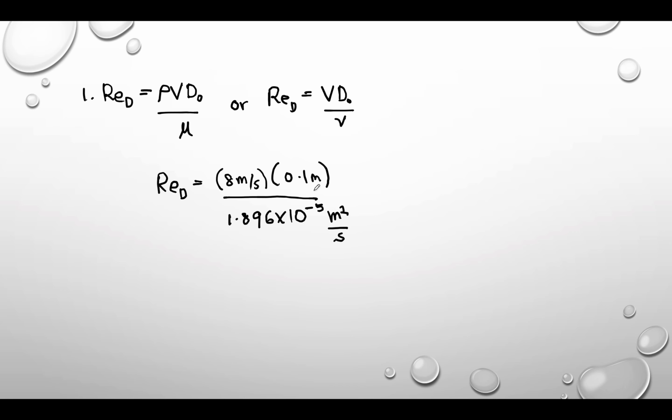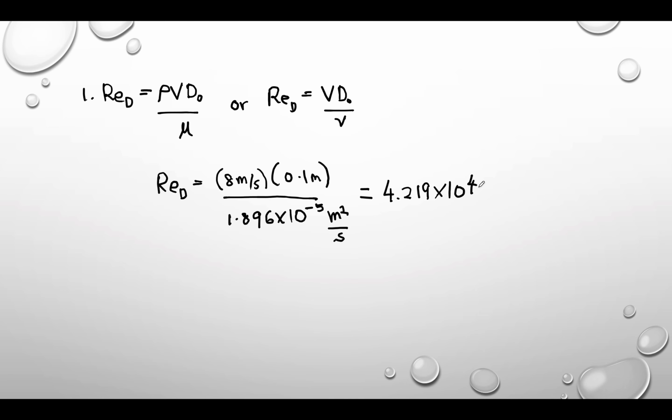You must remember that all these units must be in SI units. So if your diameter is in centimeters, you have to change it to meters. So we will get the Reynolds number equivalent to 4.219 times 10 to the power of 4.